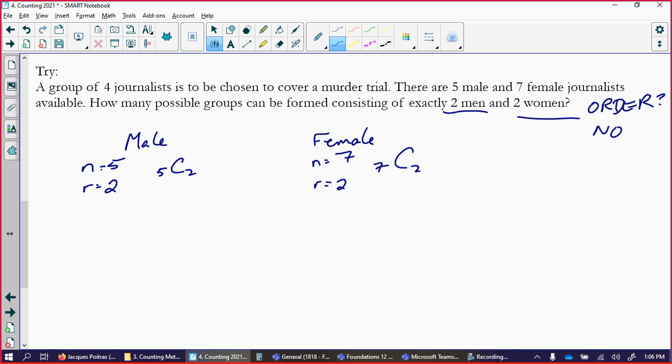Instead of opening a web page, I'm just going to use this handy dandy solar powered pocket calculator. 5C2 is 10. 7C2 is 21. What we have to do to those 2 numbers is 10 times 21.